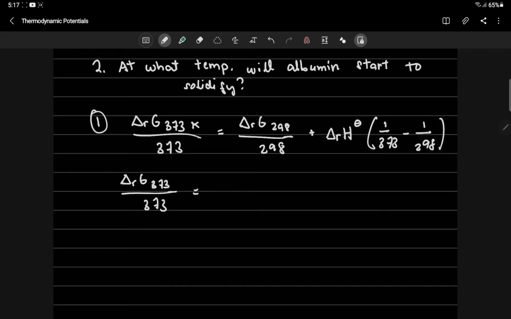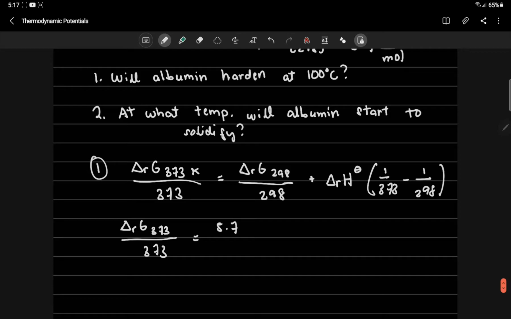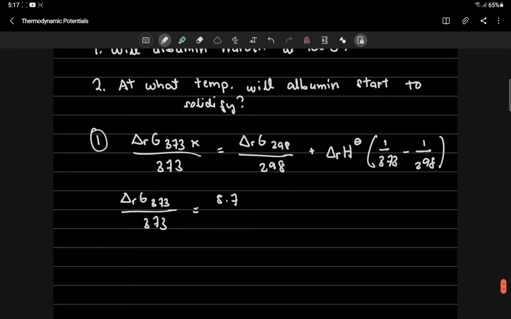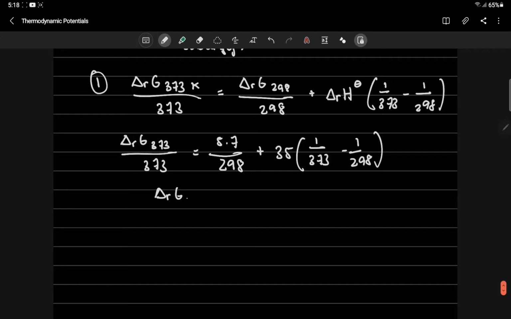Delta G at 298 is given. That's 5.7. Tama ba? Yes. Naka-kilojoules per mole yan. Divided by 298 plus the reaction enthalpy is 35 kilojoules per mole times 1 over 373 minus 1 over 298. Isa lang ang unknown dito, and that's the Gibbs free energy. That's what we are looking for. And lalabas na ang value niya ay minus 1.67 kilojoules per mole.